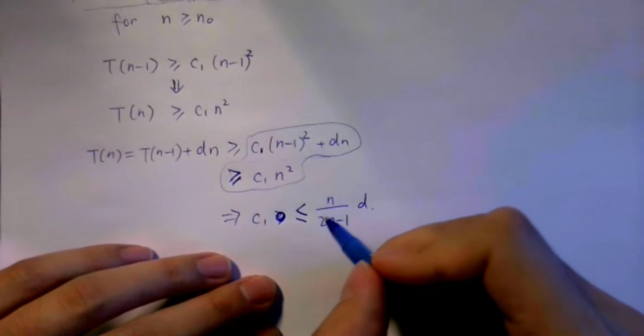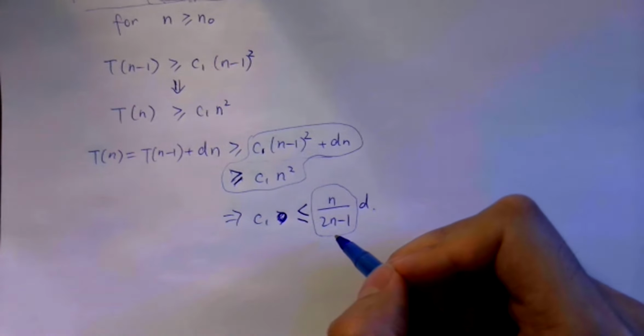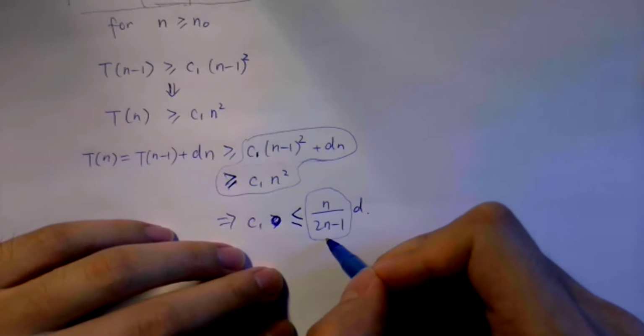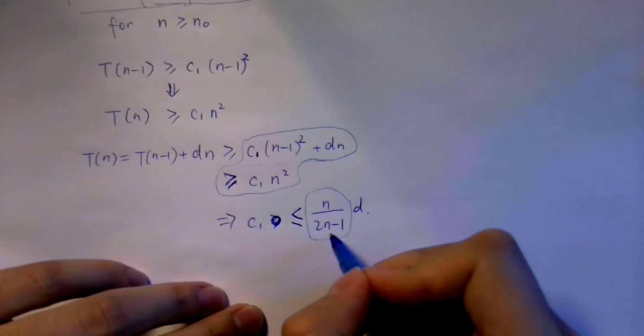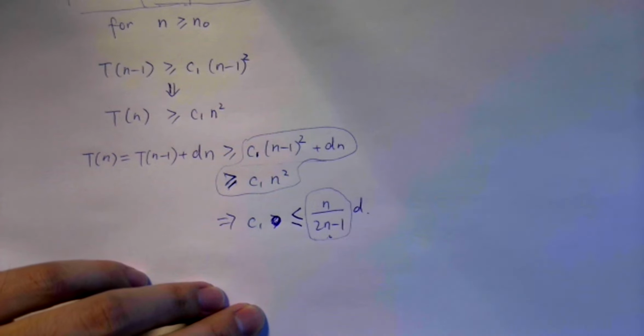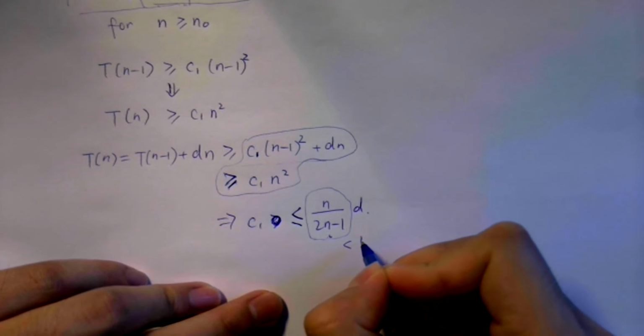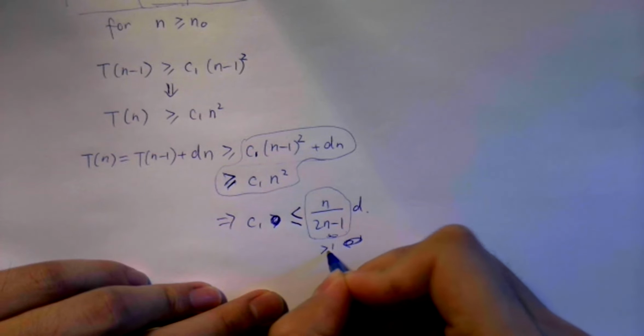We know that this function has a lower bound, reached as n approaches infinity. This quantity will always be greater than 1 over 2.